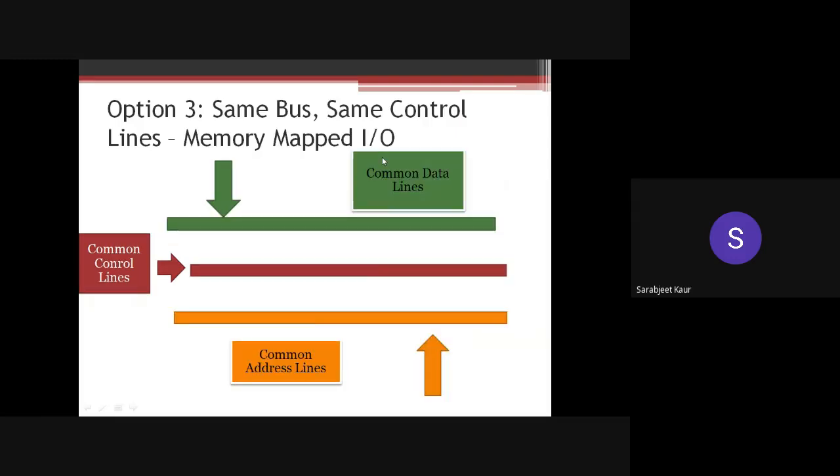Now what happens here is that we have not only common data lines and common address lines this time, but we can also have common control lines. How is that?